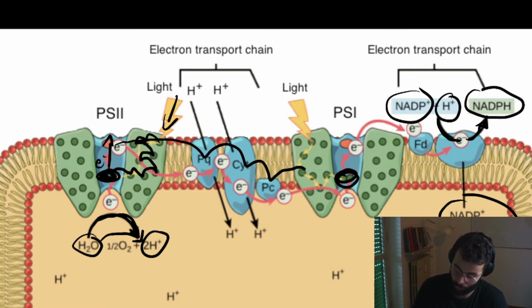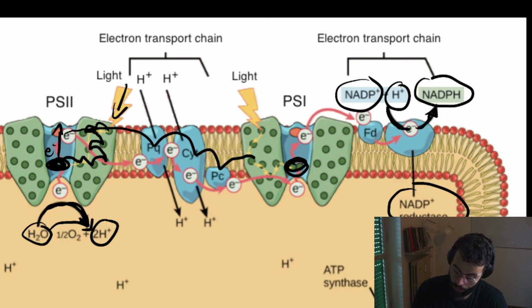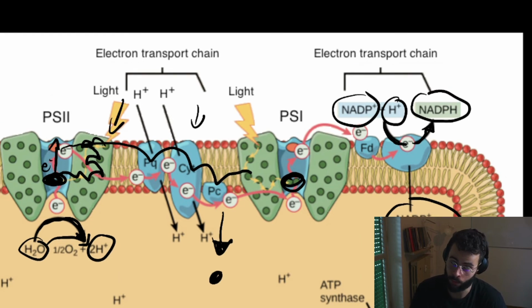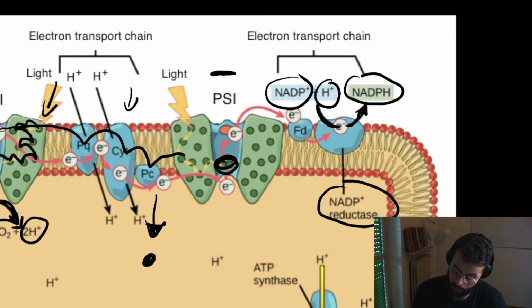Along the way, we were able to pump protons into the lumen itself, because this is what we use the electron for, in order to charge the pumps, in order to allow the electrochemical gradient, very similar to the mitochondria. Now we are in this complex. Again, we have light, which is jumping between different complexes all the way to the active site.